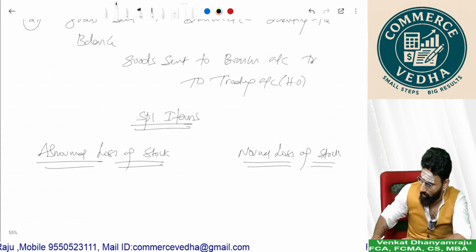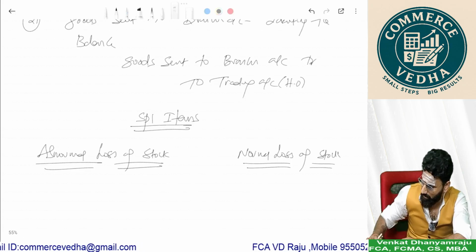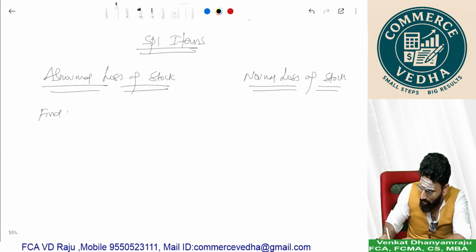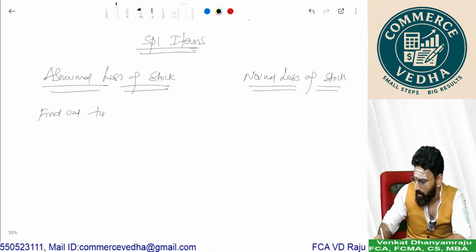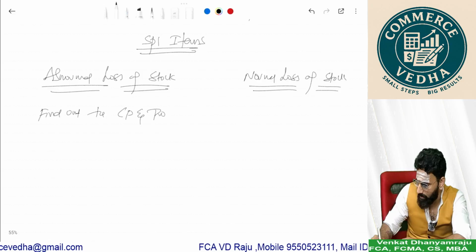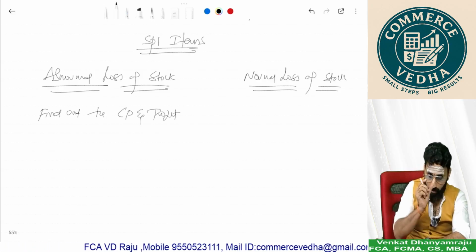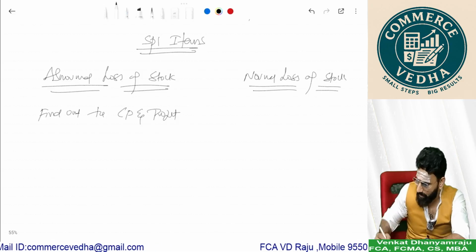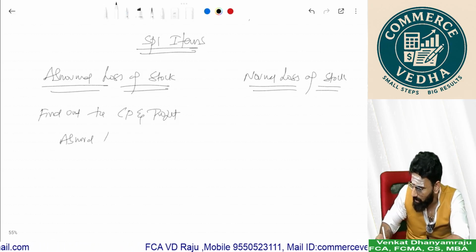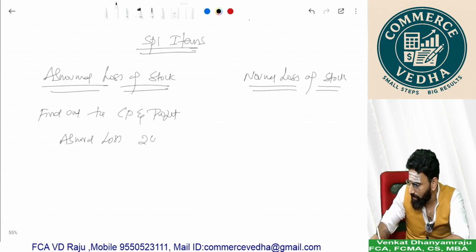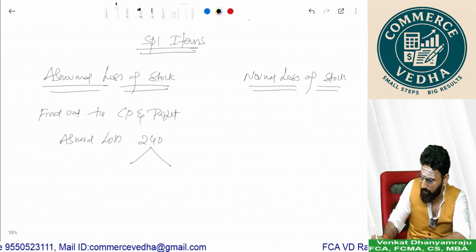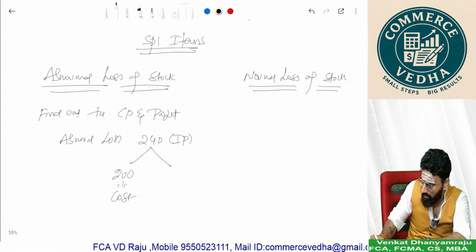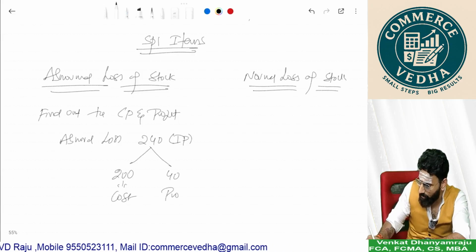Abnormal loss, what we should do here is, first find out the cost price and profit. Stock is always at invoice price. You should divide between cost price and profit. Suppose say abnormal loss 240, and assume in this invoice price 200 is cost and 40 is profit included.